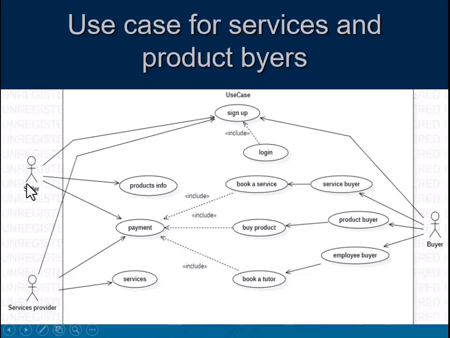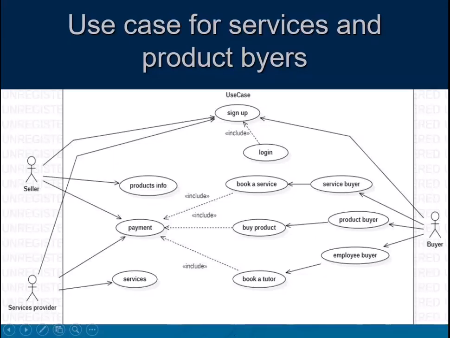Seller interacts with the products info. So sellers enter their products detail, the quantity, prices, etc. And the payment detail. So payment is another feature. Everyone, either a service provider or seller, enters the detail of the payments of the product or services.